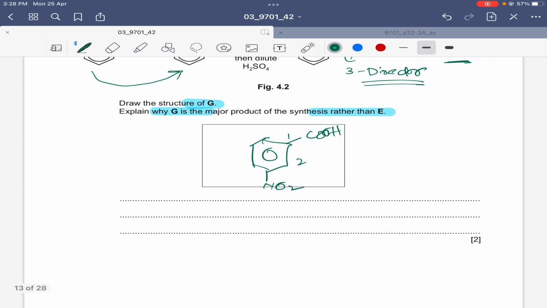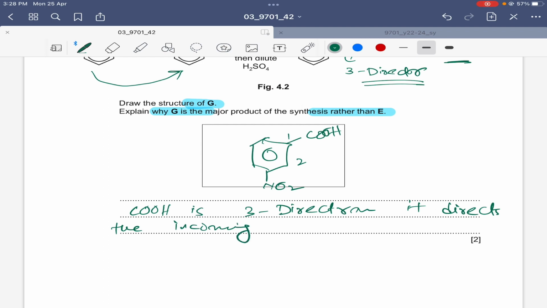So basically, now we have to explain why this is all happening, because the COOH group is a 3 director. It directs the incoming group to the third position of the ring.